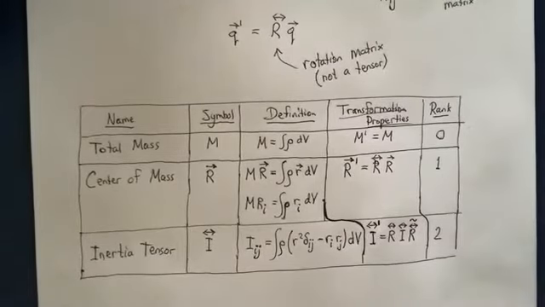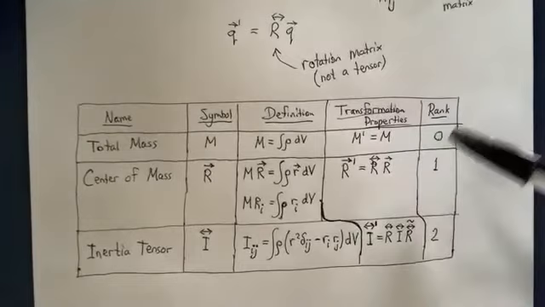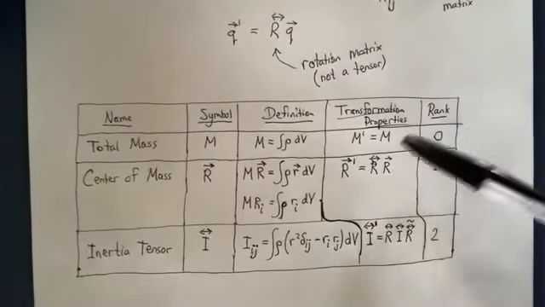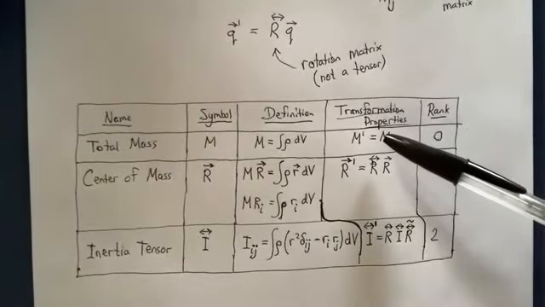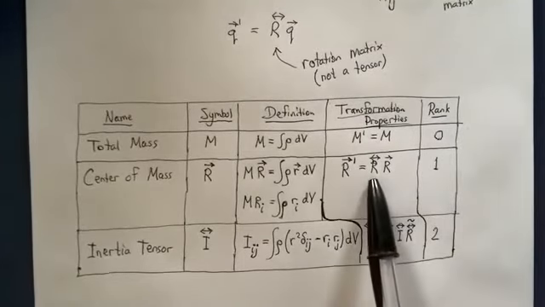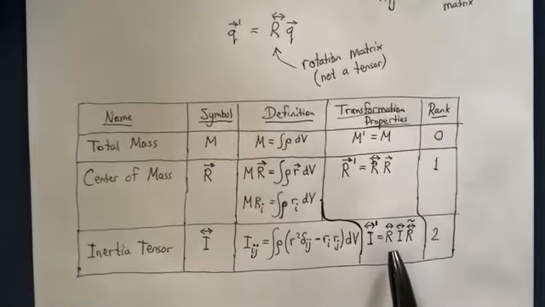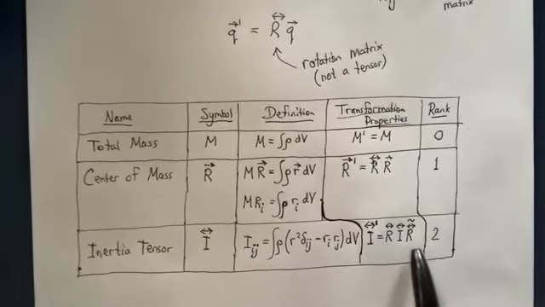You can see there's a wonderful hierarchy here. This is one of the important messages. For a rank 0 tensor, there are 0 copies of the rotation matrix. For a rank 1 tensor, you have 1 rotation matrix. Remember that R with the double-headed arrow is the rotation matrix. Now for a rank 2 tensor, there are 2 copies of the rotation matrix.